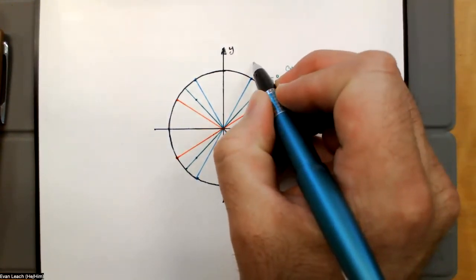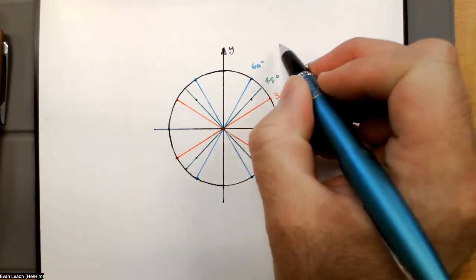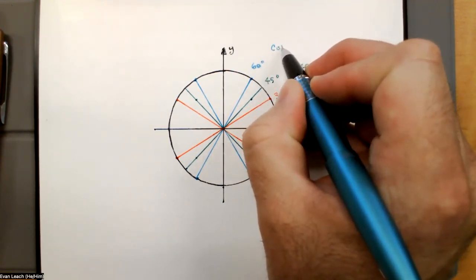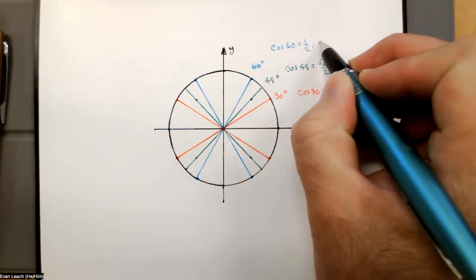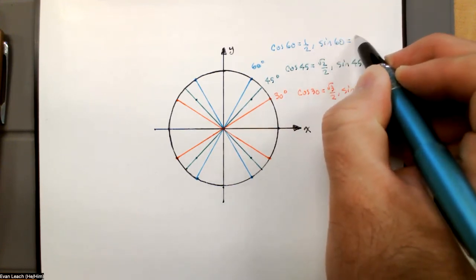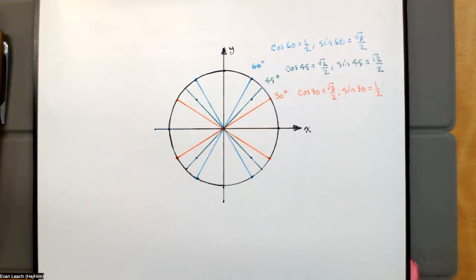Here we are at 60 degrees. 60 and 30 are complementary. They both sit inside the same triangle. So the opposite of one of them is the adjacent of the other. So it makes sense that the cosine and sine just switch places when we go from 30 to 60.